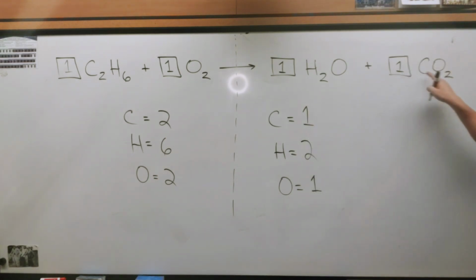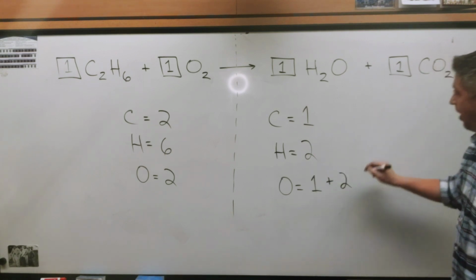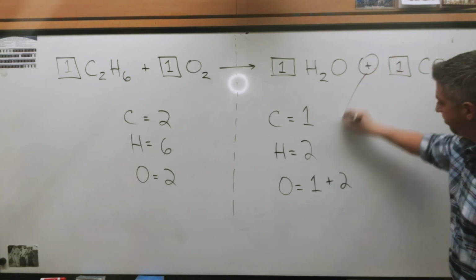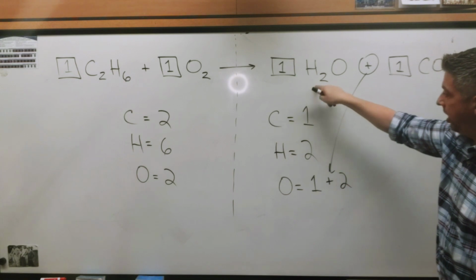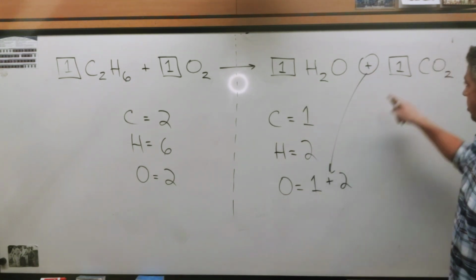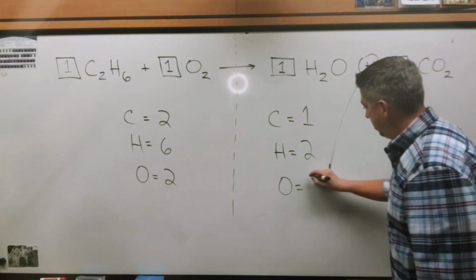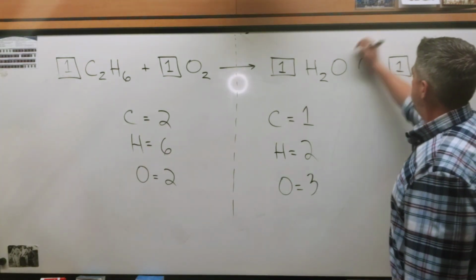Then we have 1 times 2 oxygen is 2. Now, the reason why I'm adding it is because there's a plus sign. We have 1 oxygen here plus 2 oxygen here. So 1 plus 2 would be 3. We have 3 oxygens.